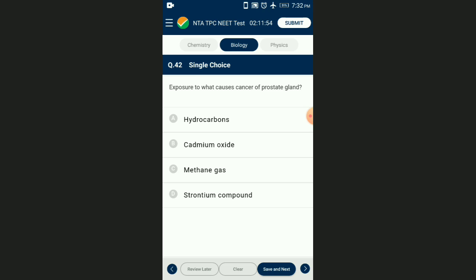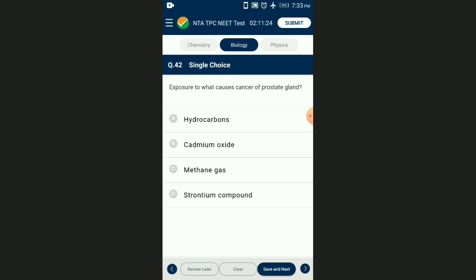Question number 42. Exposure to what causes cancer of prostate gland? The prostate cancer refers to the cancerous growth in the prostate gland. The prostate gland is present in the male reproductive system, which surrounds the urethra just below the urinary bladder. Prostate cancers are generally slow growing.